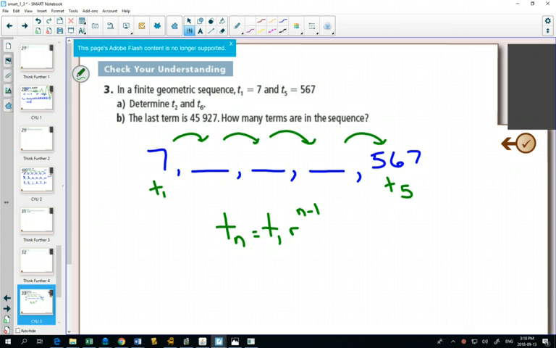I don't know how much I'm multiplying by. I don't know what r is. I don't know Tn unless n is 5. So if I put in T5, I can write 567 in here. I know term 1 is 7. And if I use term 5, then 5 minus 1 becomes 4.